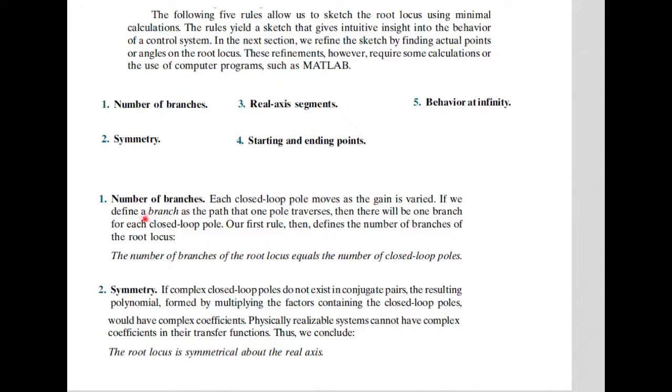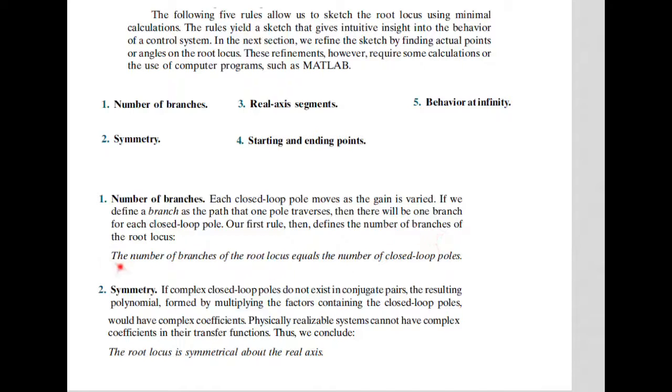If we define a branch as a path that one pole traverses, then there will be one branch for each closed loop pole. So our first rule defines the number of branches of the root locus: the number of branches of the root locus is equal to the number of poles.